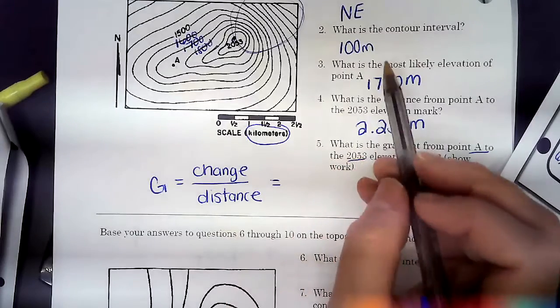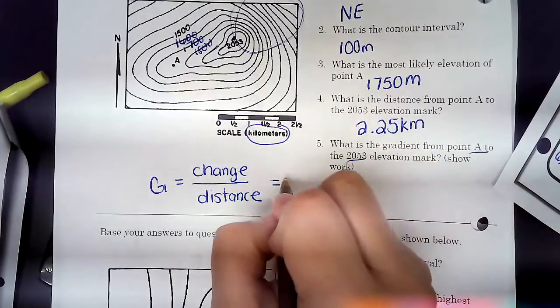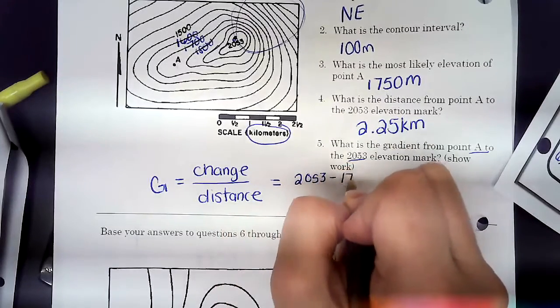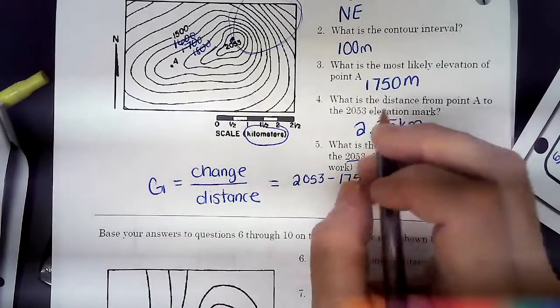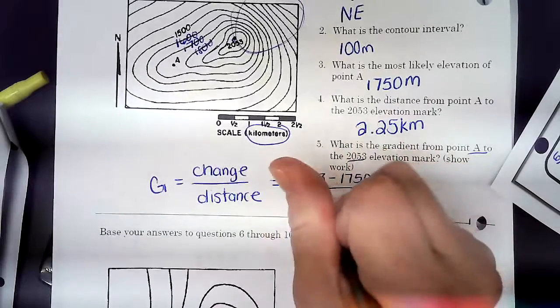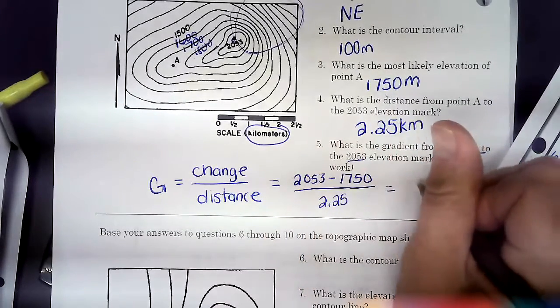To figure out how much it changes, it all bases on what you said A was. So you take the 2053, you subtract whatever you had for A. I picked 1,000. No, I didn't. 1,750. Divide that by the distance, which we just did, was 2.25.